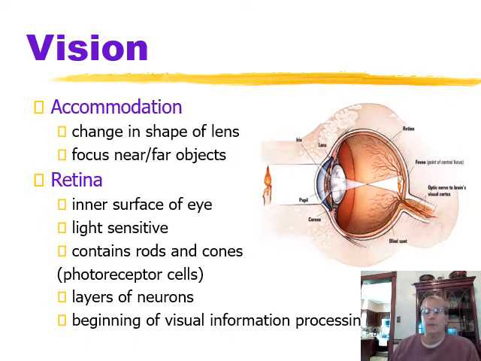Okay, now, then where does the message go from there? So the rods and the cones are activated. Then the information, the neural messages, are relayed to bipolar cells more often than not. So bipolar cells. Now the bipolar cells relay the neural messages to the ganglion cells.